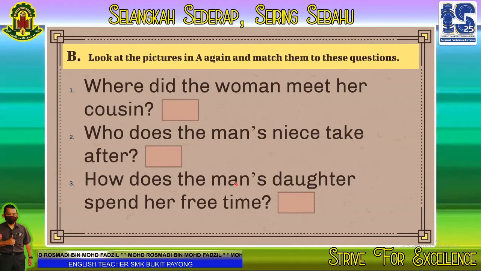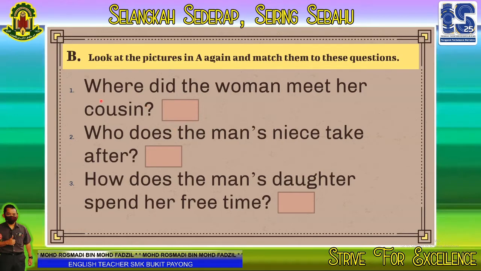These boxes are for other answers. Kotak ni untuk jawapan lain. For now, you just say the answers. Of course, I cannot hear you, right? So tak boleh dengar you all. Tak apa, you all just cakap dekat diri sendiri je. We discuss together walaupun we cannot hear each other.